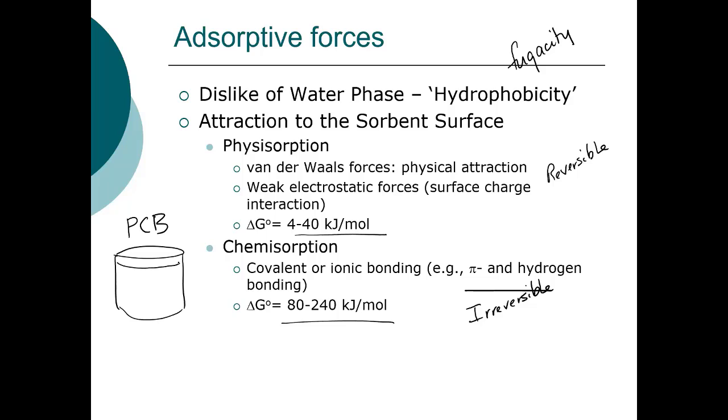And if we have a water containing PCBs, those PCBs tend to want to leave the water, and they'll actually attach even to the surfaces of the vessel that it's in. So these tend to be nonpolar, insoluble chemicals.